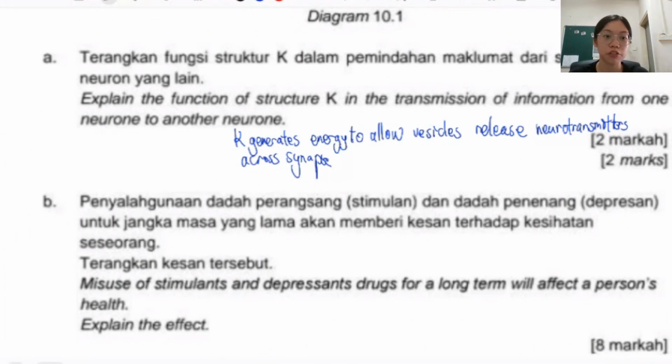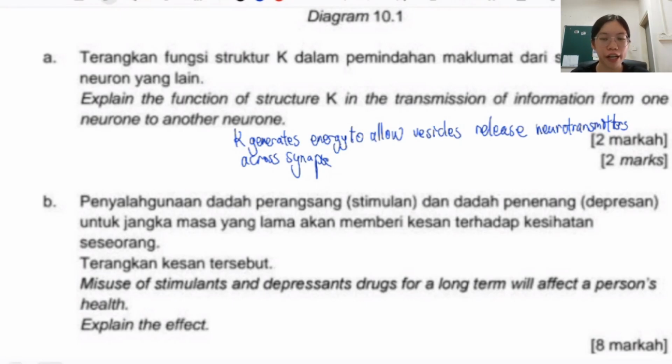More transmission of nerve impulse means your nervous system activity is very high. So you will tend to have a higher breathing rate and blood pressure, and it will make you become very high. How do you explain very high? It causes temporary euphoria if you take it excessively, but it will eventually lead to depression.